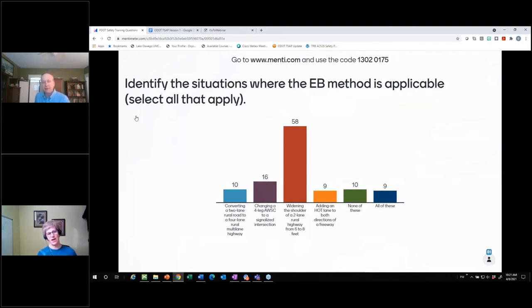Right. Yeah. So then the first and second and third would all be applicable. But I'm not sure about the freeway, right? Because I'm not sure how I would model that. Yeah. Good point. Yeah, maybe not the third one.